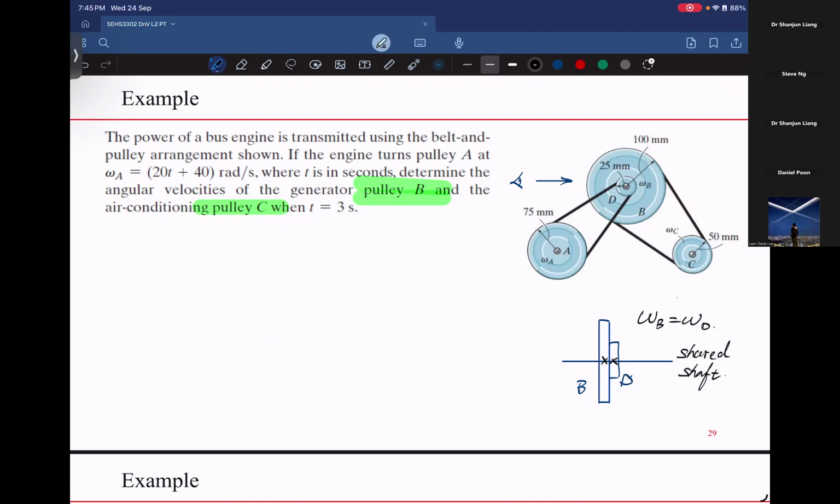Let's see. To find the angular velocity of pulley B, how to get it? B is equal to D, all right?